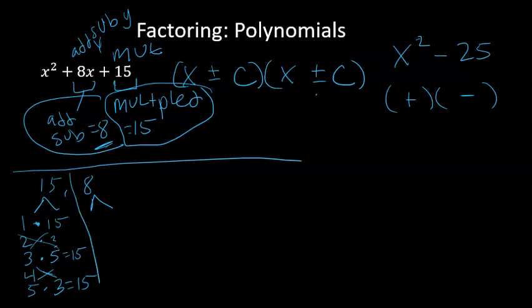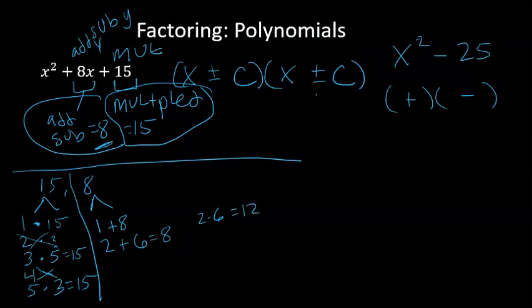So let's go over here into the 8 side. I could do 1 plus 8. That doesn't work. What about 2 plus something to give me 8? I could do a 6, but if I multiply 6 and 2, it gives me 12.